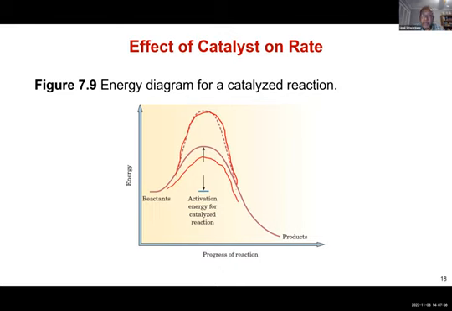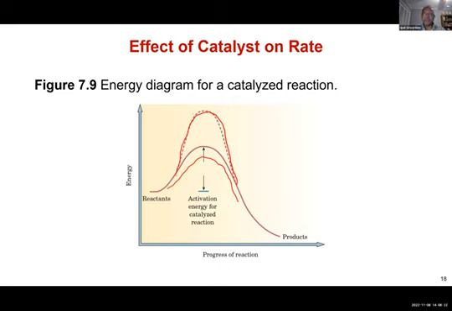Because catalysts provide a stage for reactants to come together, they increase the probability of reactants combining without having to undergo high energy molecular collisions.